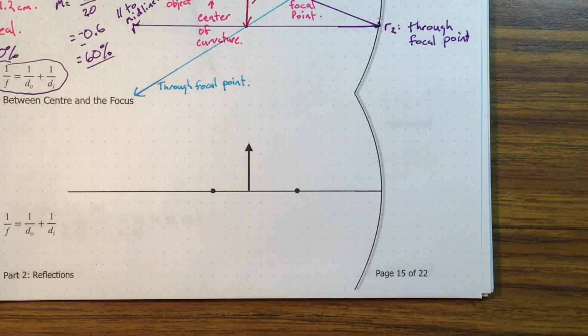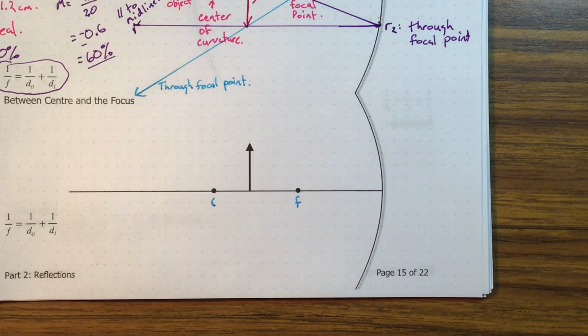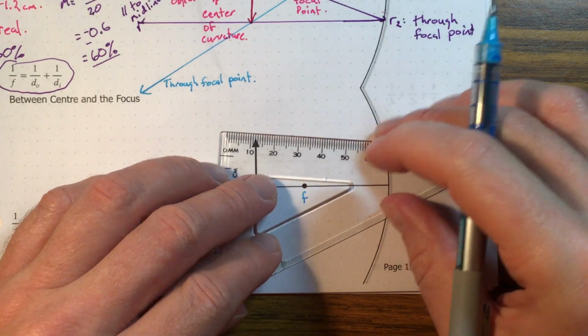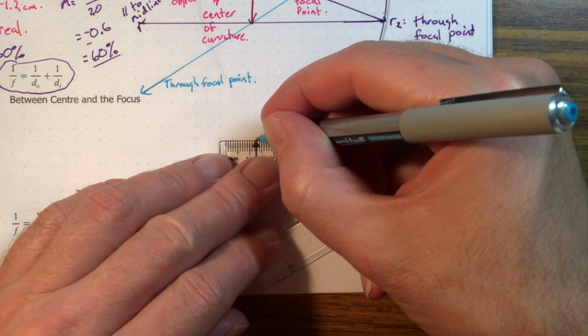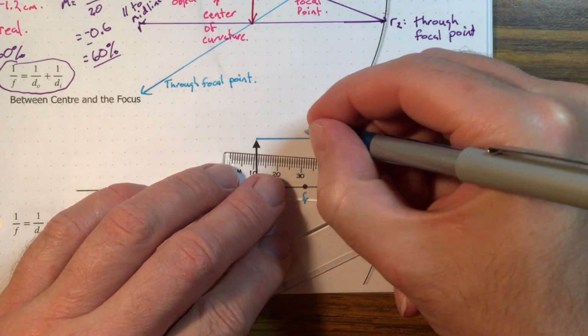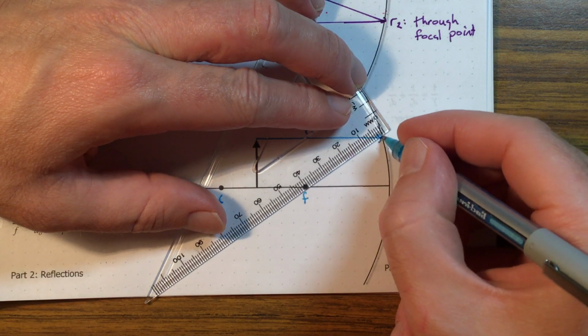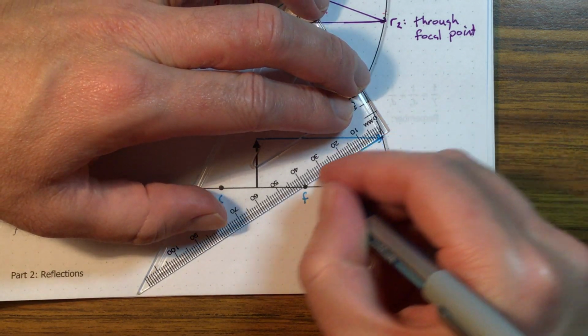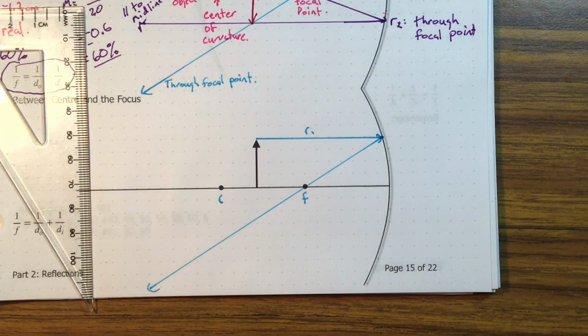Okay, so right here's our center of radius and our focus. We do the same thing, right? First ray, ray 1, parallel, hit the mirror, down through the focus. That's ray 1.